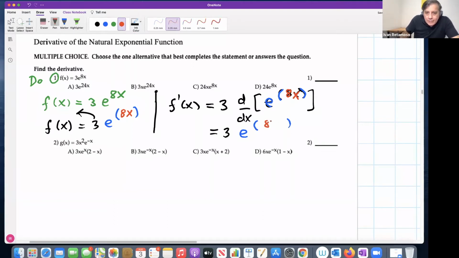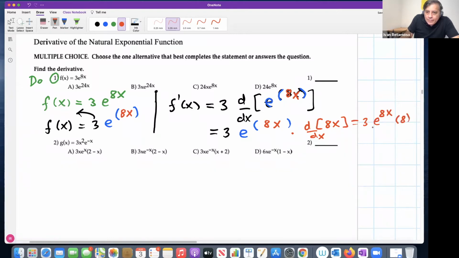That's what the chain rule says. And then times the derivative of 8x with respect to x. But that derivative is just 8.